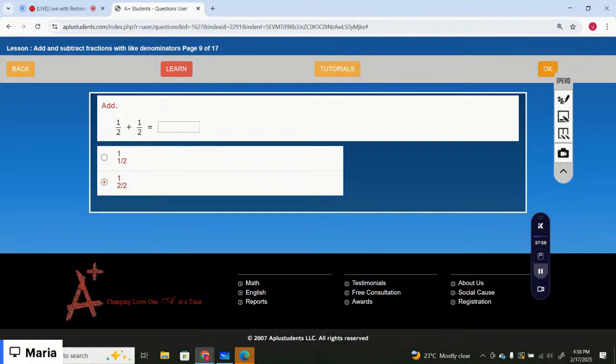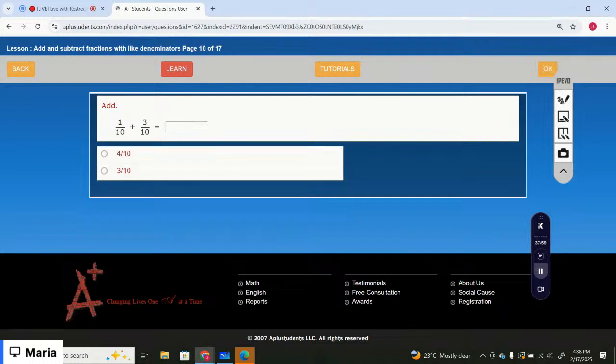That is 2 by 2. Option number 2 is the correct option. 1 by 10 plus 3 by 10.